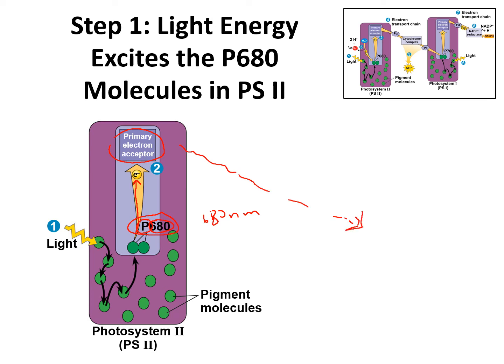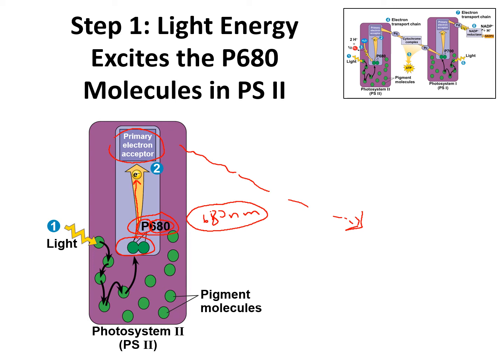So before you get to P680, and that's a particular energy level that corresponds with the energy of 680 nanometers. Too bad my writing is not a little bit better. But the energy level of P680 corresponds to the energy of light with a wavelength of 680 nanometers.